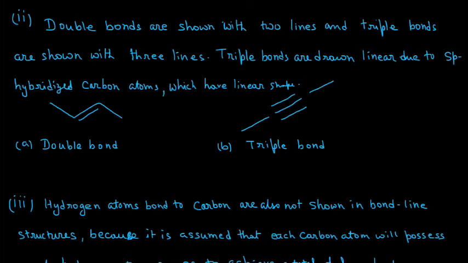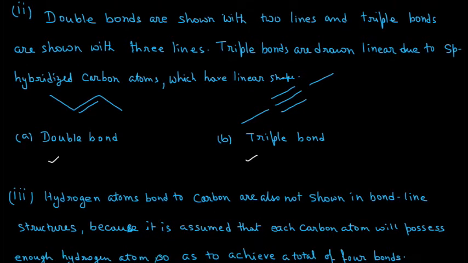So triple bonds here will also be linear. Double bonds are represented as 2 lines, triple bonds as 3 lines, and the structure will be linear.